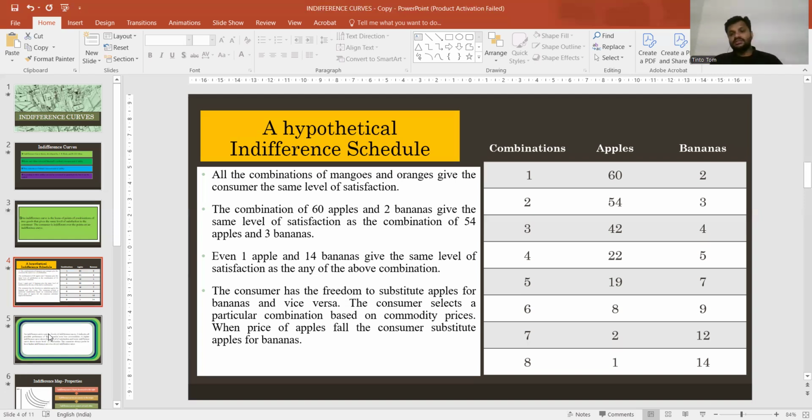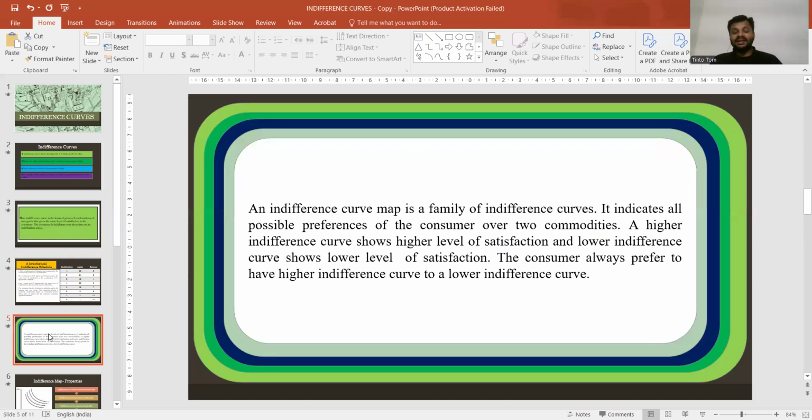Since we are discussing the indifference curve, of course, we have to see the indifference map as well. So what does it mean by indifference map? The indifference map is a family of indifference curves. That means in that particular diagram, there will be a number of indifference curves. It indicates all possible preferences of the consumer over two commodities.